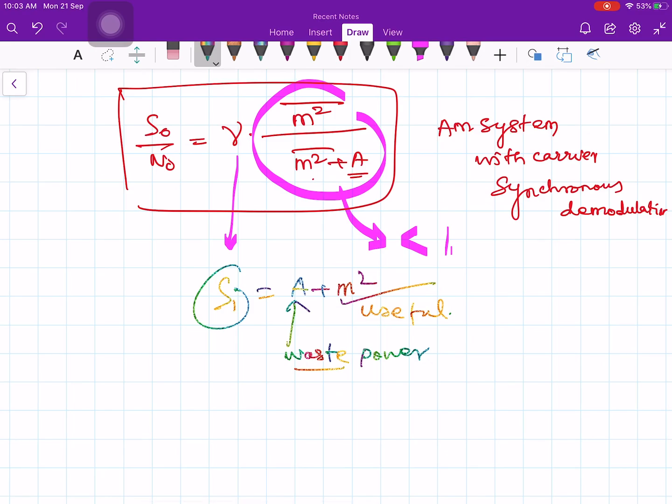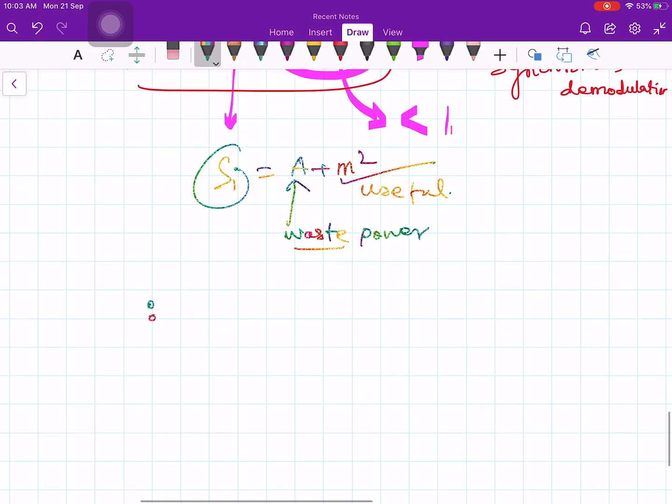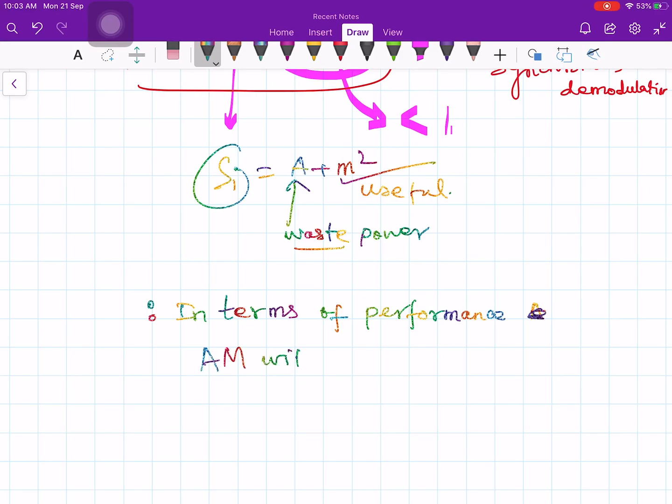So obviously in terms of SNR performance, AM with carrier would be inferior.